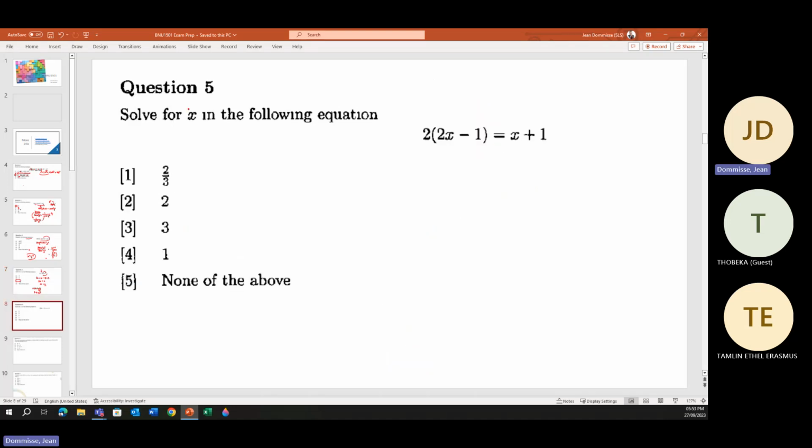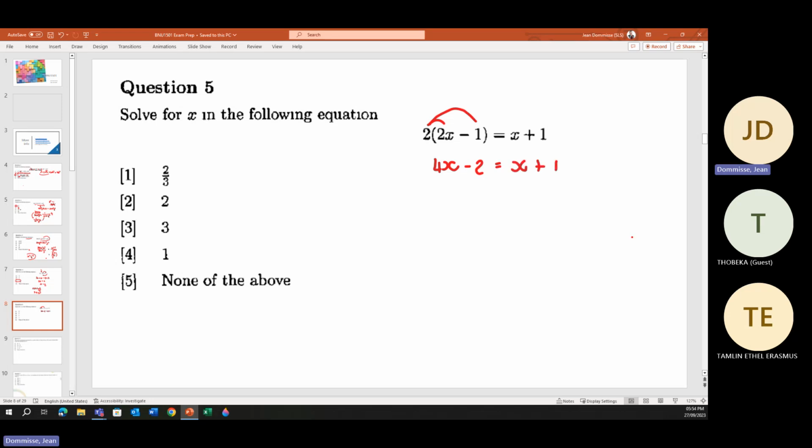Okay, so again asking us to solve the equation, but now what they've brought in is brackets, so that they can test that you know that we need to do brackets first. So we need to multiply the 2 in with both numbers. So 2 times 2x is 4x. 2 times minus 1 is minus 2, and that is equal to x plus 1.